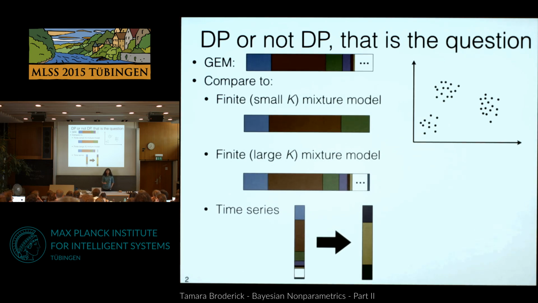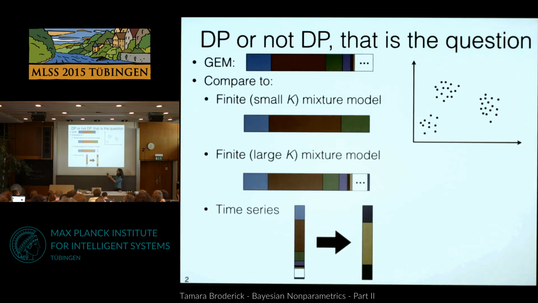You can combine these ideas. You can have a time series where there's a GEM over time, and so this has been done. There are ideas like, for instance, you could model the journal Nature, the science journal Nature, and you could say, hey, actually, over time, the topics that have been interesting to scientists have changed. There were topics in the 1900s that we definitely don't see anymore today, and there was this sort of slow change over time in what topics people are actually talking about in science journals.